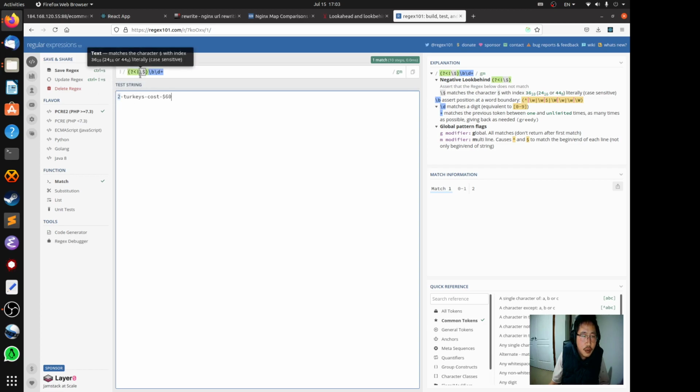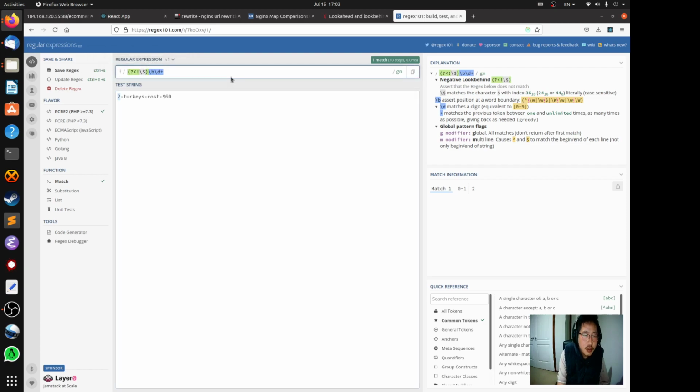But what if I change this to positive look behind? Then it's 60. Why? Because the previous character here is nothing. It's the start of the string, so that disqualifies. From here, the previous character is 6, so it's not a dollar sign.